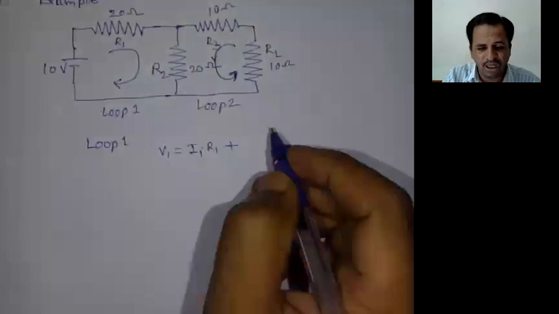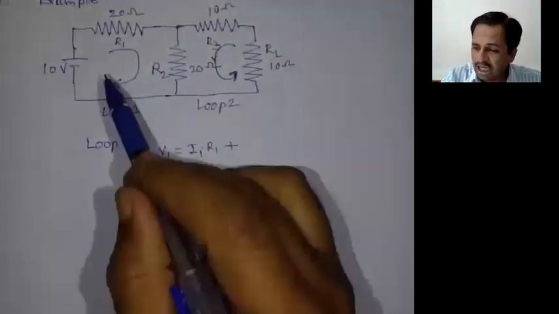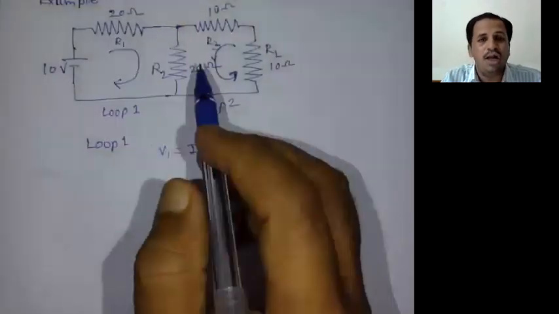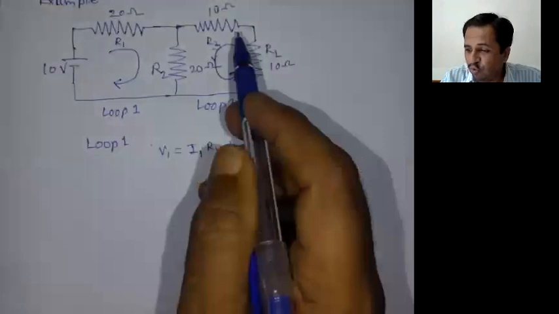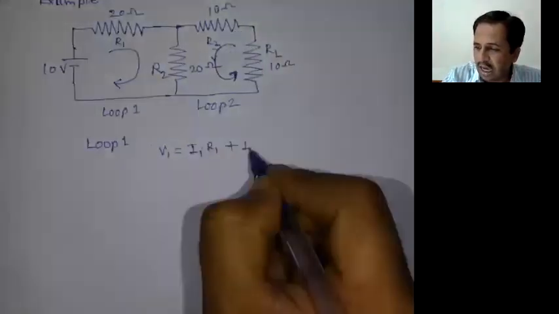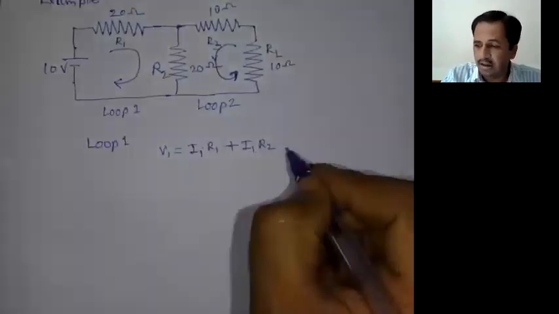And then the current flowing through the R2 resistor. In this R2 resistor, two currents are flowing. One is the I1 current. For loop 1 we write current I1, and for loop 2 we write current I2. Therefore I write I1 R2 plus.